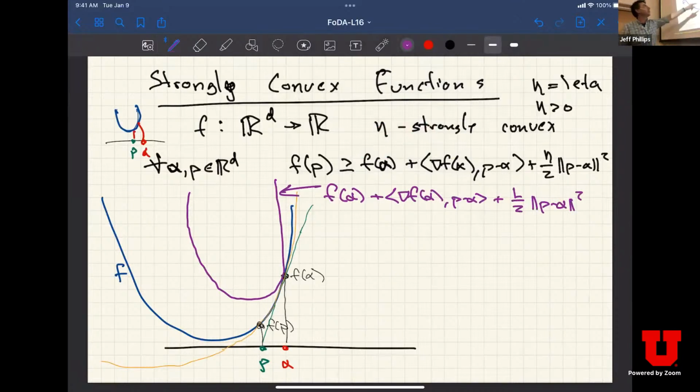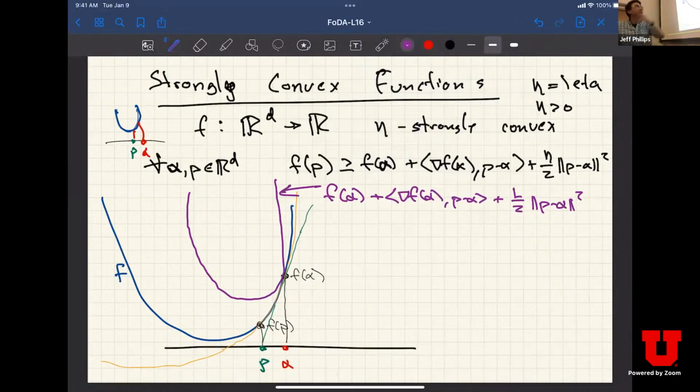This is another quadratic function, but that's always above the function f.